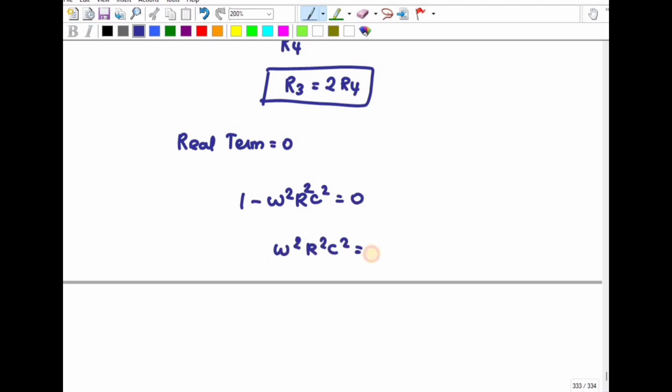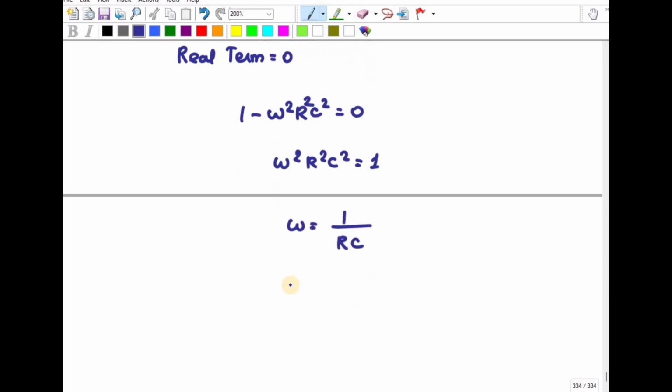So omega square R square C square is equal to 1. Omega is equal to 1 divided by RC. So what is my F? F is equal to 1 divided by 2 pi RC. So this is my frequency of oscillation.